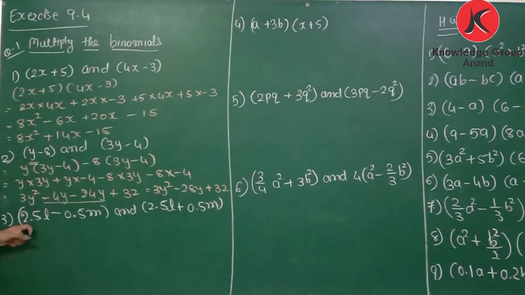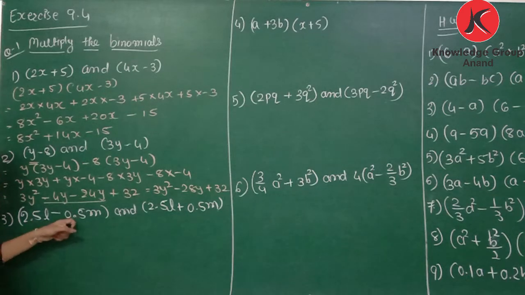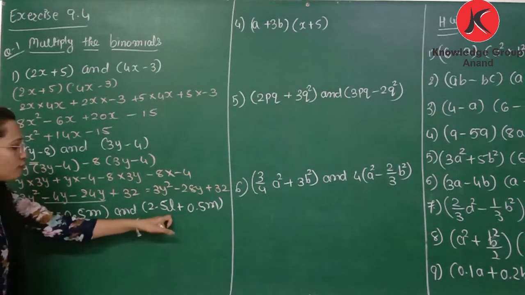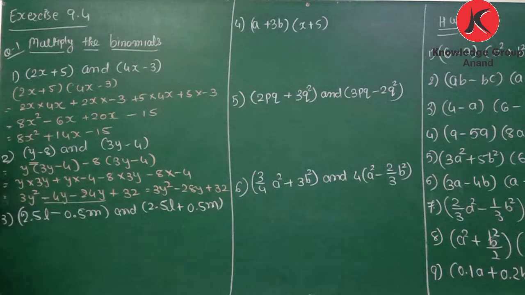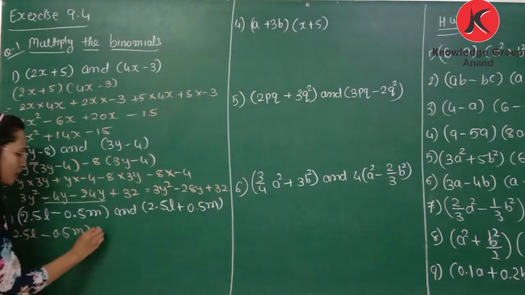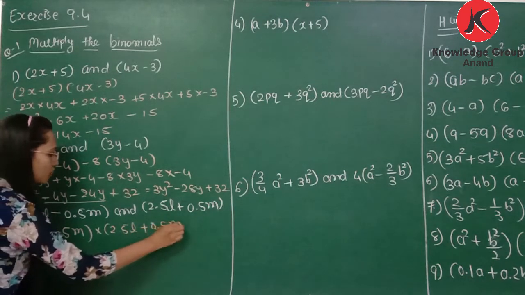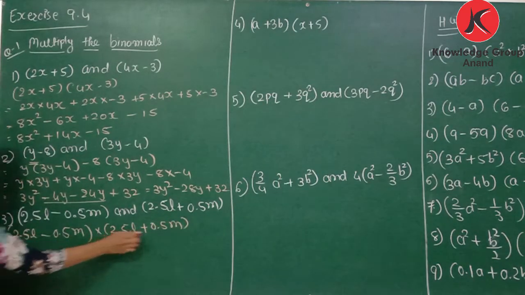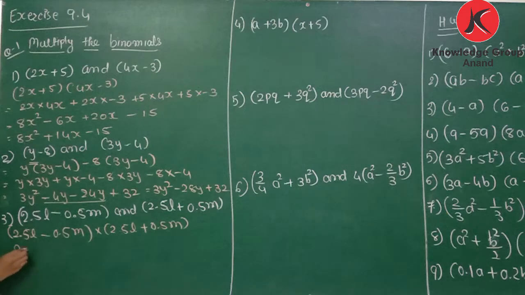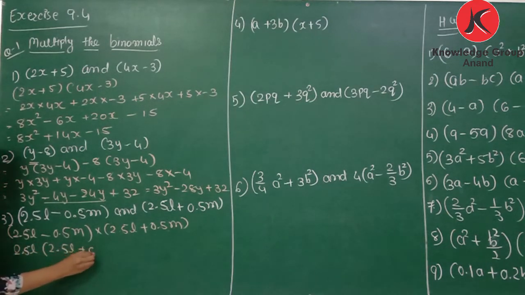Now next one, 2.5L minus 0.5M and 2.5L plus 0.5M. So here we will write 2.5L minus 0.5M multiplied by 2.5L plus 0.5M. Now 2.5L is multiplied with the bracket. Now you know how to perform the multiplication of decimals.